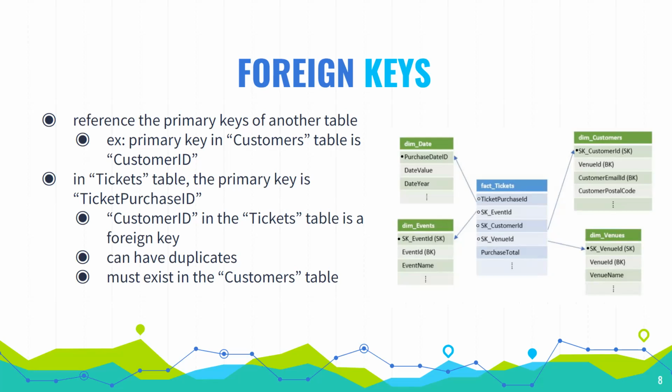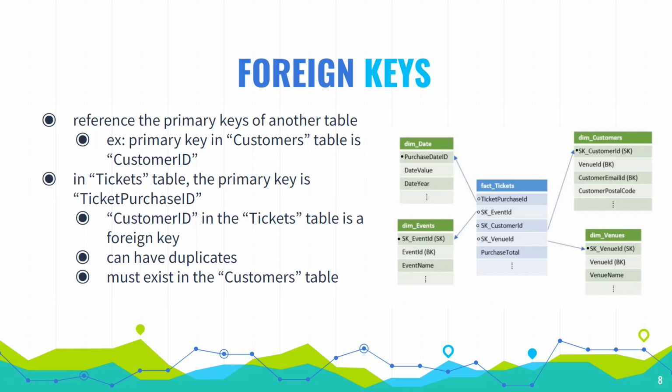What's really important about foreign keys is that there are restrictions. It cannot be null, and the key must be contained in the other table. So in this case, the customer ID has to have the same values as the SK customer ID under the customers table.